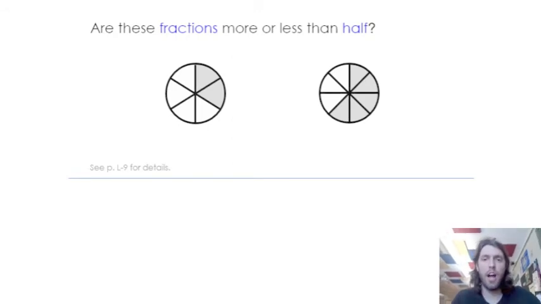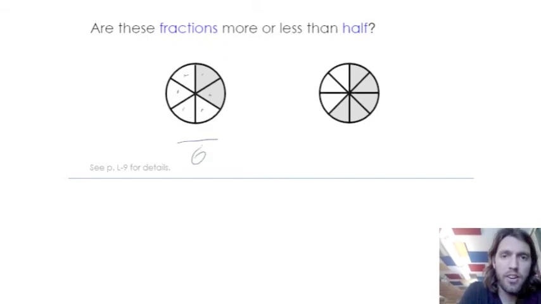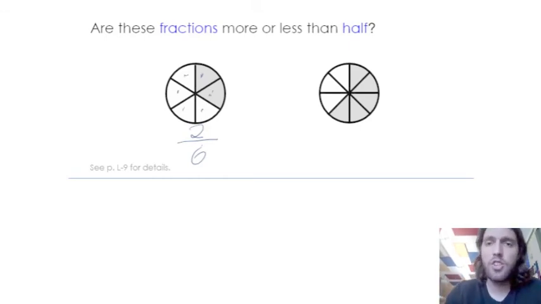Let's count them up. How many in total do we have on this one on the left? We have 1, 2, 3, 4, 5, 6. So we can put a 6 here. How many do we have shaded? 1, 2. Okay, awesome. And now let's check on this one. We have 1, 2, 3, 4, 5, 6, 7, 8.